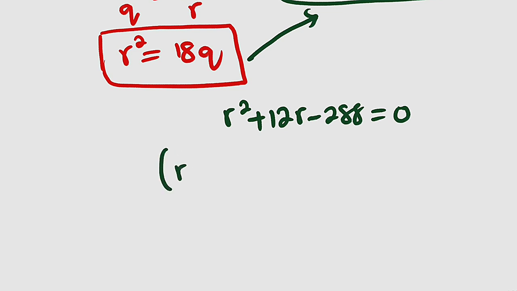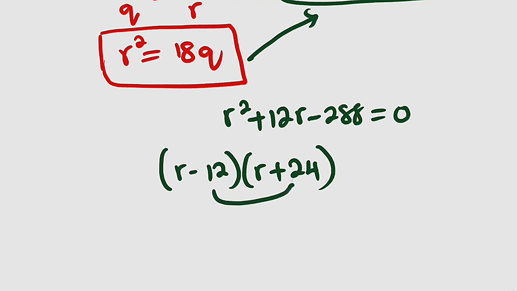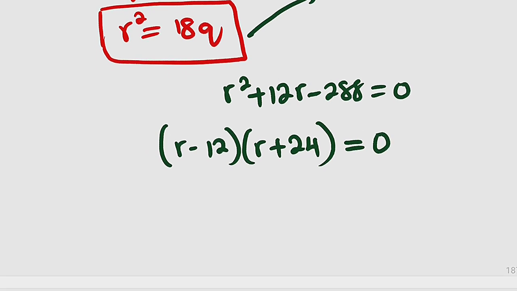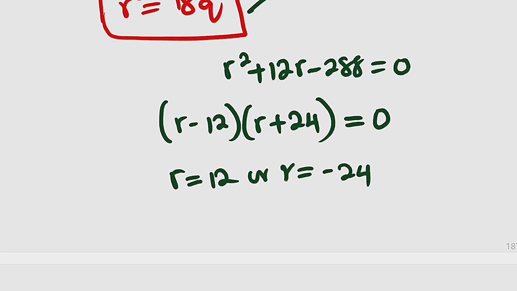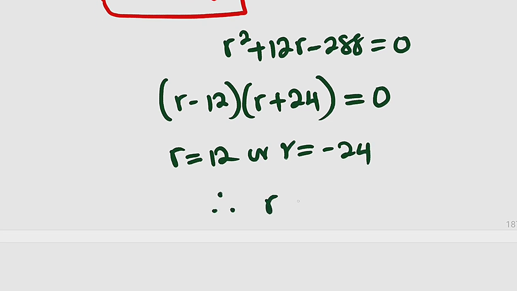So we have R minus 12 multiplied by R plus 24. By setting each factor to be 0, it is either R equal to 12 or R equal to negative 24. But remember that R is positive, therefore R must be equal to 12. And hence we have just obtained the value of R.